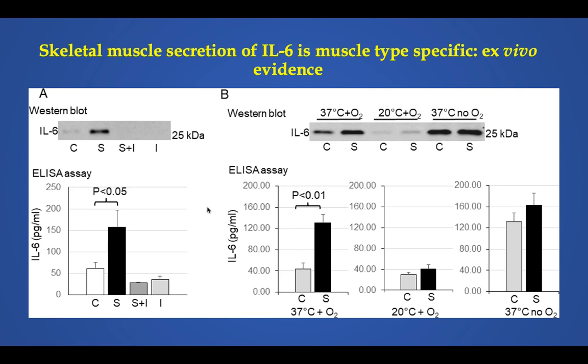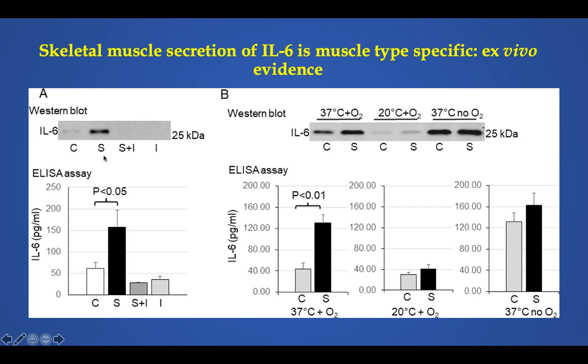So they first validated whether the ex vivo approach was feasible. They measured the IL-6, and then their results showed that the soleus muscle was definitely higher in the amounts of IL-6. The C here is the control.